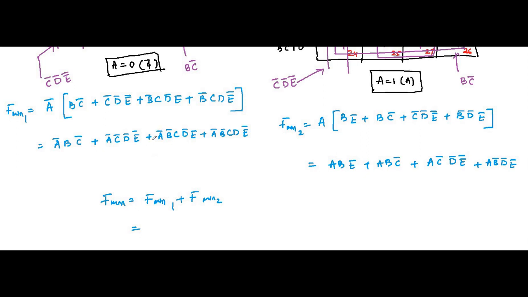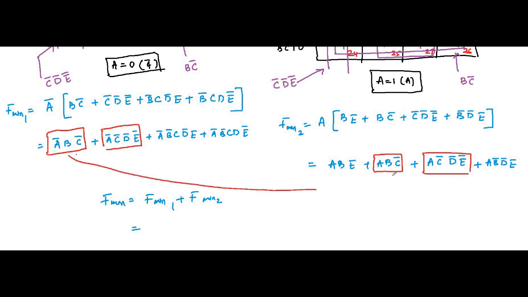When we combine both of them, focus on this: here A bar B C bar and here A B C bar. Then A bar C bar D bar E bar and here A C bar D bar E bar. This with this, and this with this.